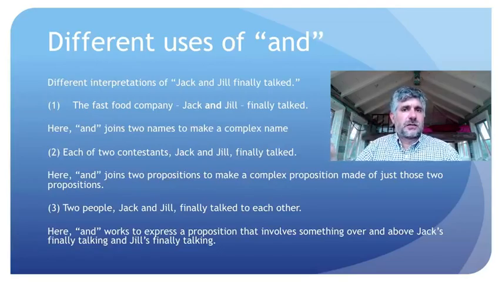It's not just connecting the proposition that Jack finally talked and the proposition Jill finally talked, because I'm trying to get across something more than just that. I'm also trying to get across the point that they talk to each other. Right? That's what I'm trying to communicate there with the sentence "Jack and Jill finally talked." So there, the word "and" is not being used as a propositional connective.